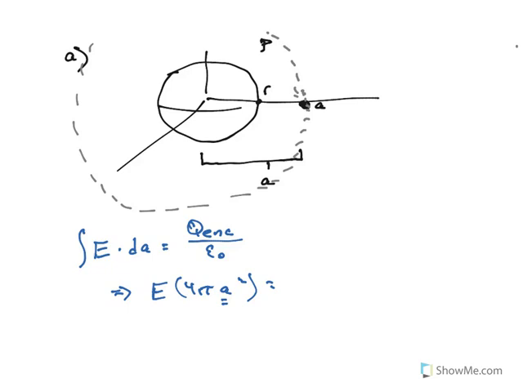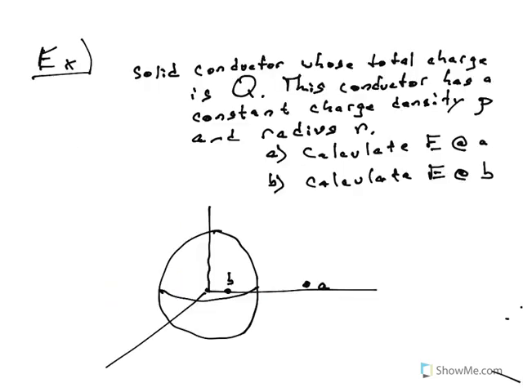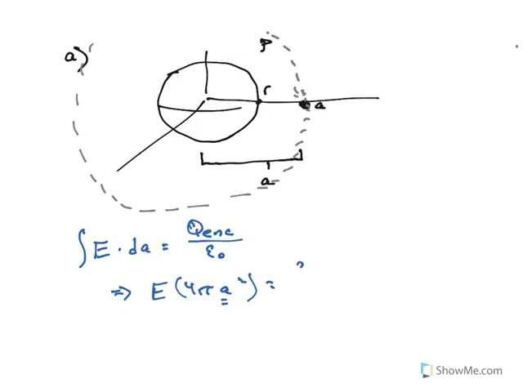So the area of my imaginary Gaussian surface is 4 pi times a squared, because a is the radius of that sphere. What's that equal to? That's equal to the total charge enclosed by my sphere. Well, I'm told by the problem the total charge of this conductor is Q. So Q over epsilon naught. I solve for E, and what do I get?